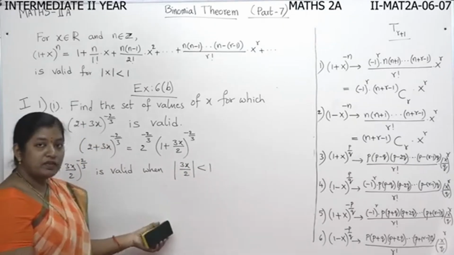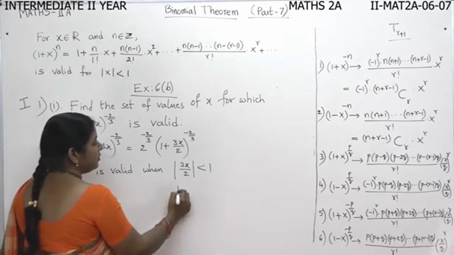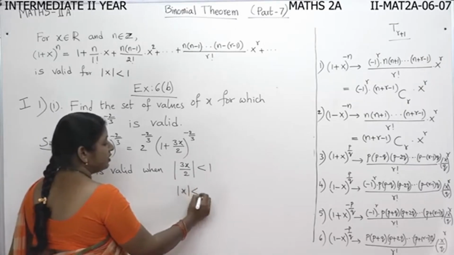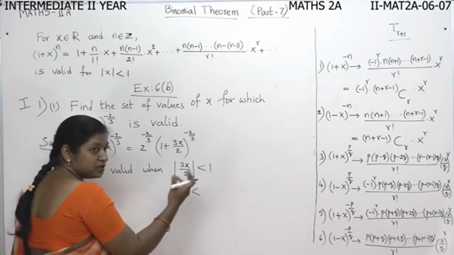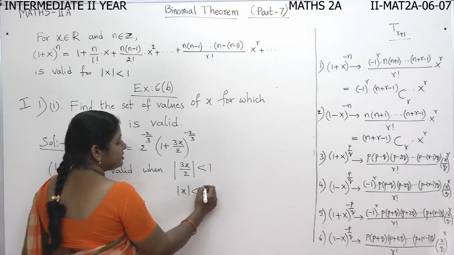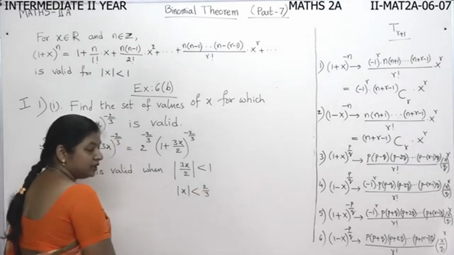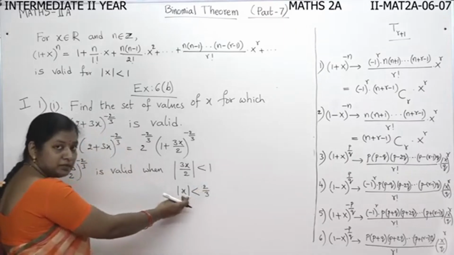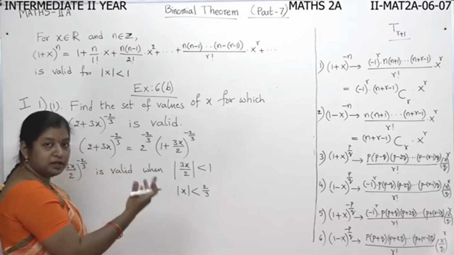From this we have to find the x values. Keeping mod x here and taking the numbers to the right side, we get mod x is less than 2 by 3, which means the x value lies between minus 2 by 3 and plus 2 by 3.